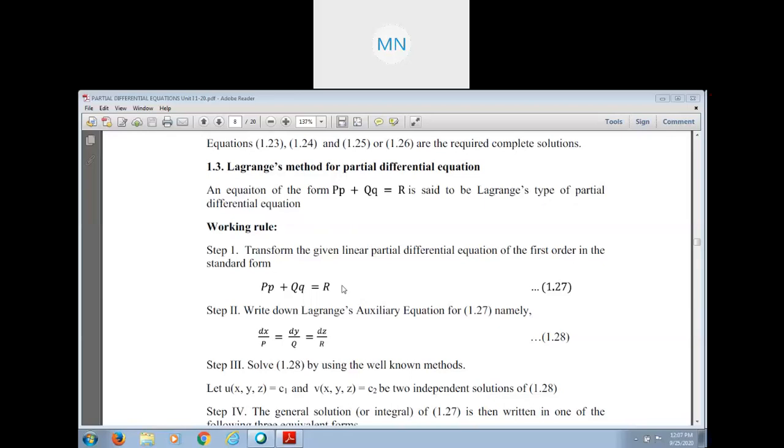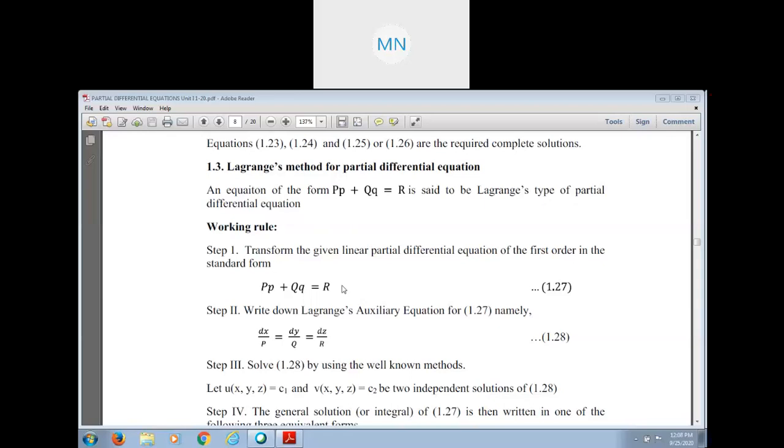It is not used for semi-linear or quasi-linear equations. If P and Q are functions of x and y only, then we say it is semi-linear.